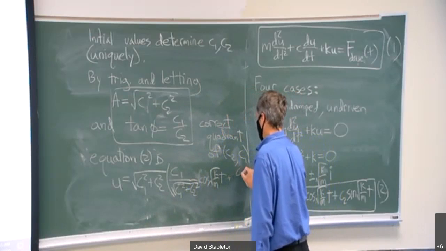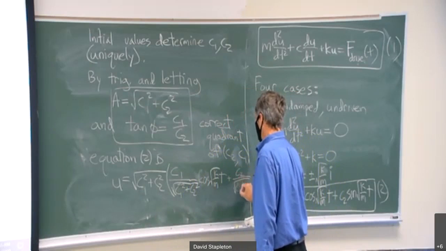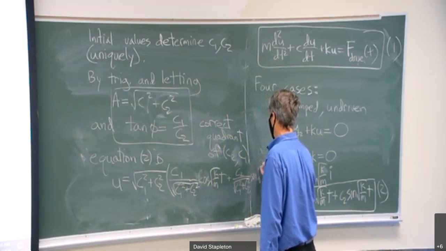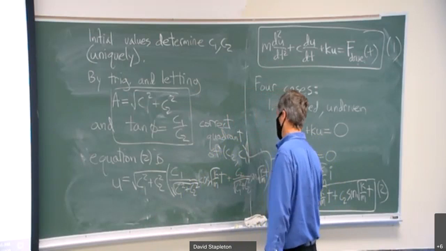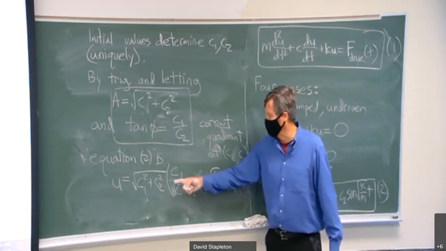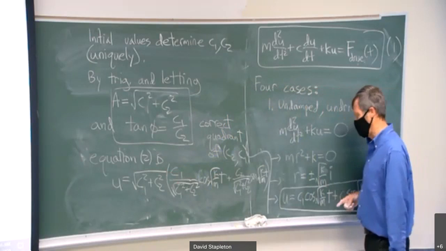All I did was divide in here by the square root, multiplied outside by the square root to cancel. It's just algebra at this point.